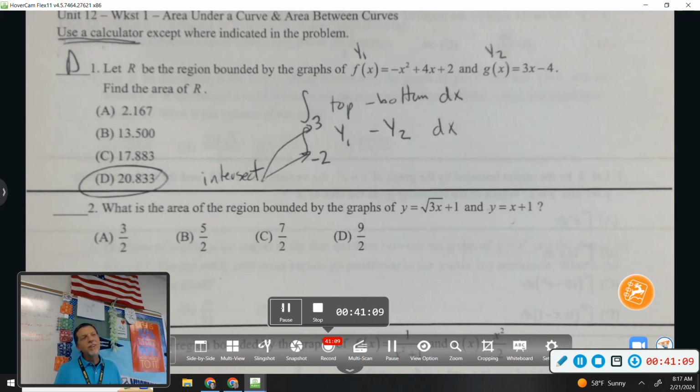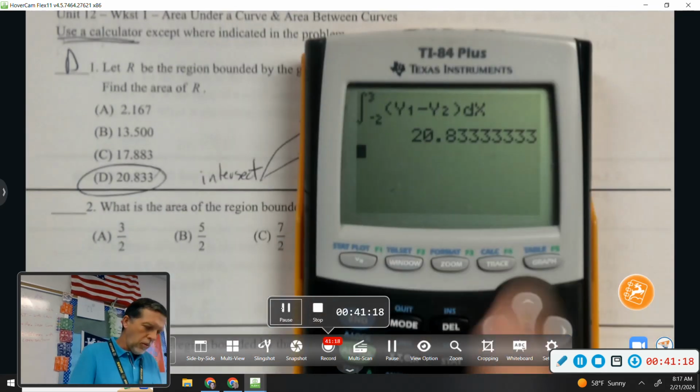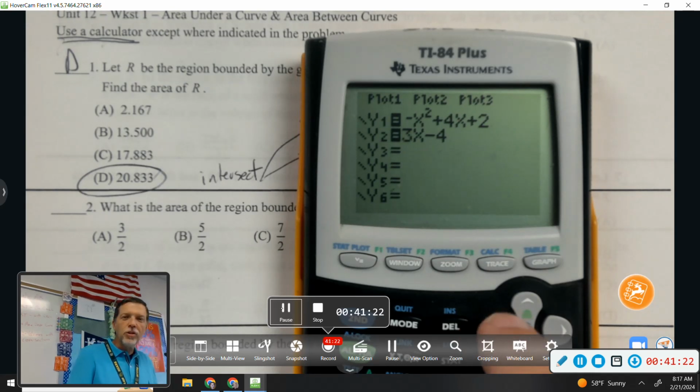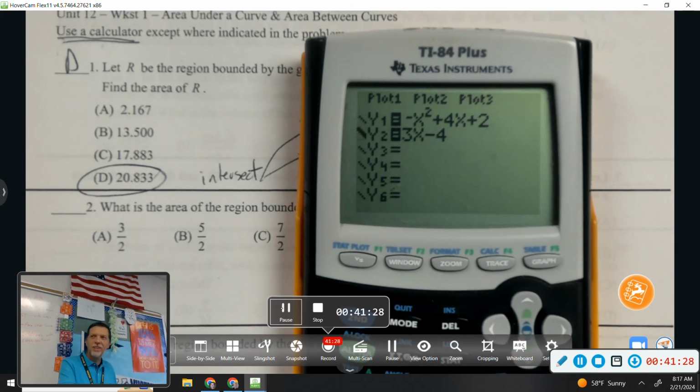So the calculator was super helpful on that one because I needed to find the intersections. The calculator also helped me see which one was top and bottom. Oh, one more thing when it comes to graphing. I don't know if you know this or not, but if you scroll over to the left and press enter, you can change the shading of that graph.